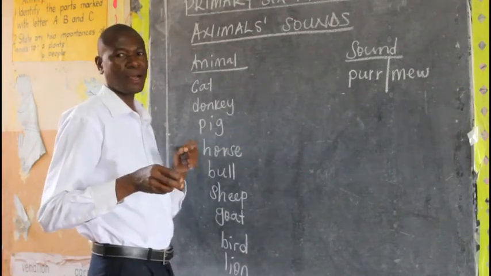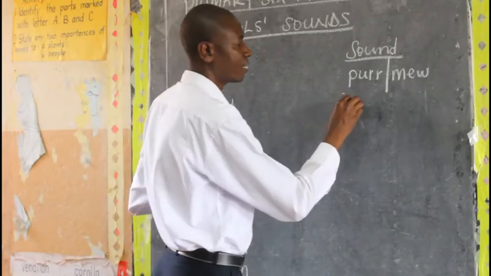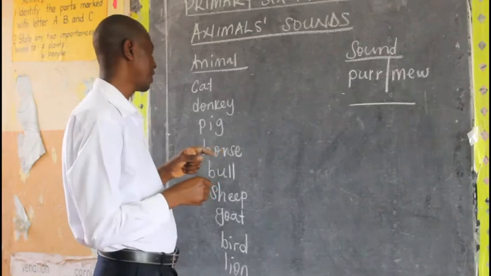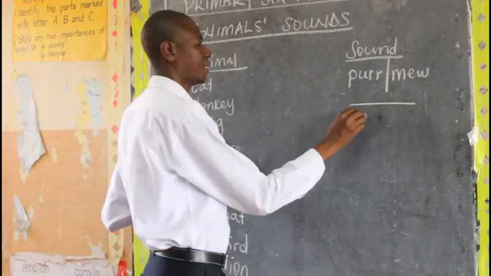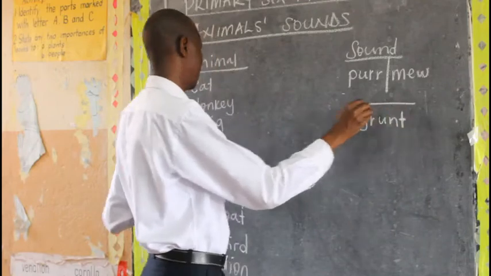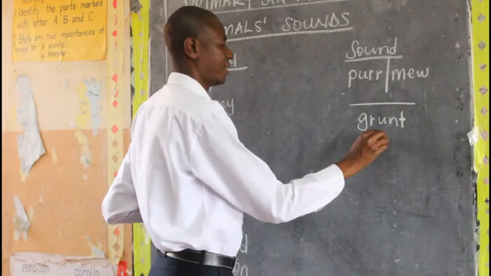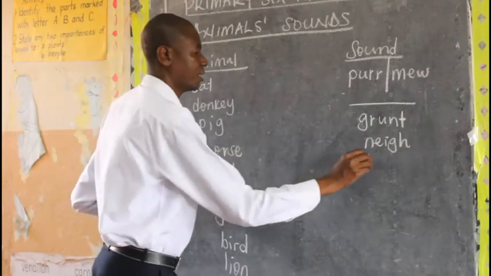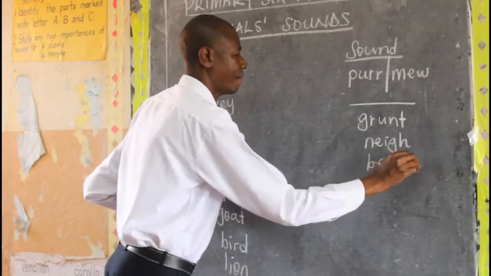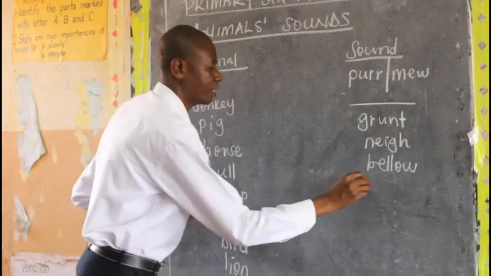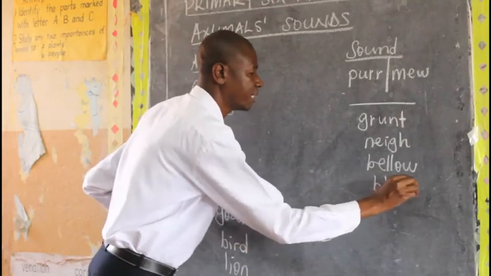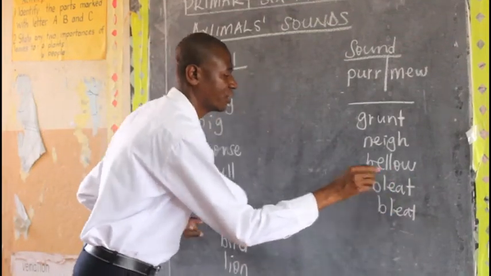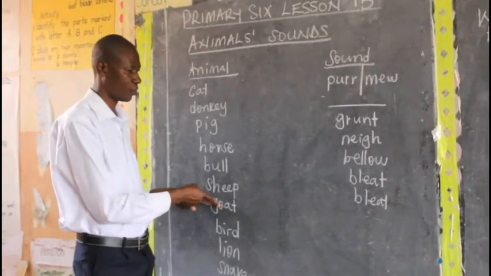In the example I have given, you will be filling in the table of different animals, the sound made by different animals. Pig, that is grunt. Horse, that is neigh. Bull, the sound is bellow. Sheep, the sound is bleat. Goat, the same sound made by a sheep is also made by a goat.